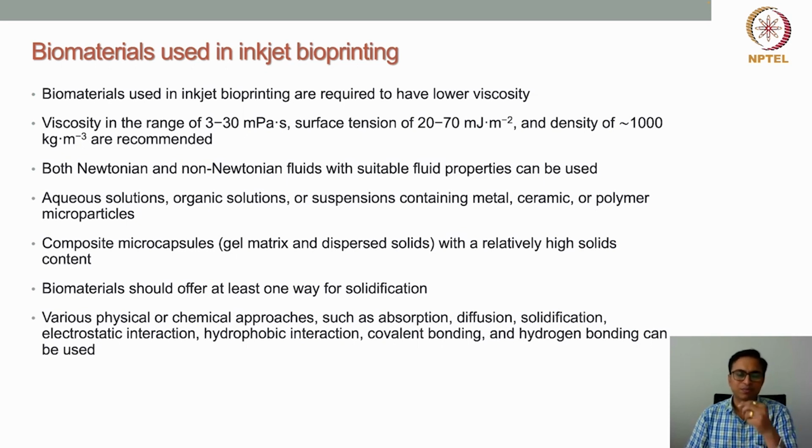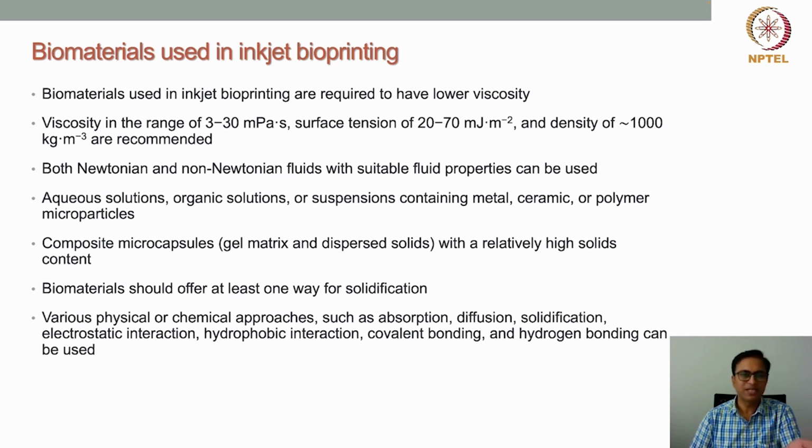As you must have seen, inkjet printing technology is nothing but the generation of droplets and then delivering them to the substrate or printing stage. For generating droplets, the biomaterials should have a certain level of viscosity.